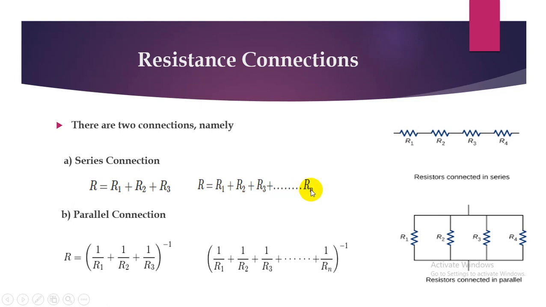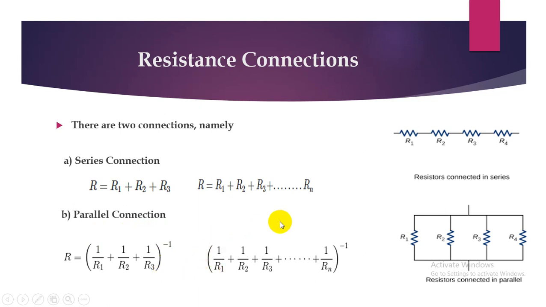The one more connection is parallel connection. This is the parallel connection of resistances R1, R2, R3, R4. So when we connect the circuit like this, the effective resistance value will be 1 upon R1 plus 1 upon R2 plus 1 upon R3, all to the power minus 1, when we connect only 3 resistances.